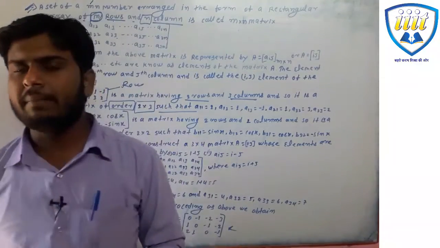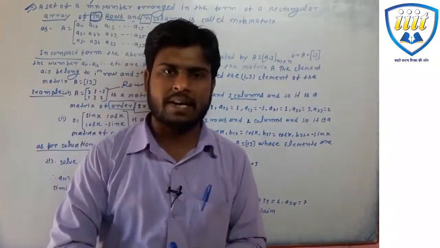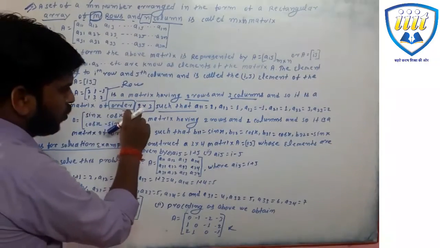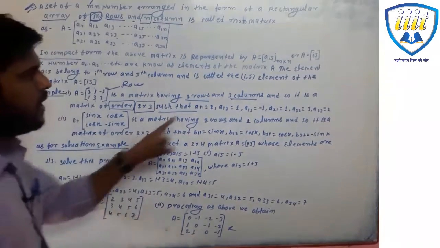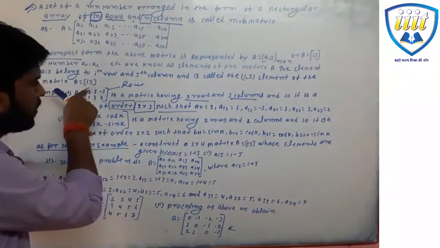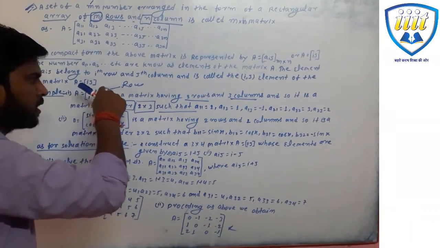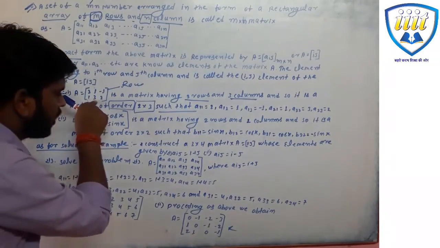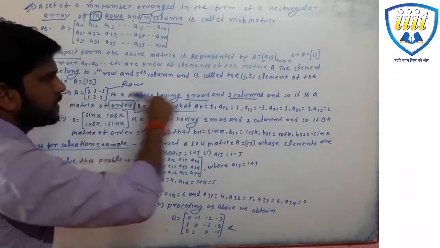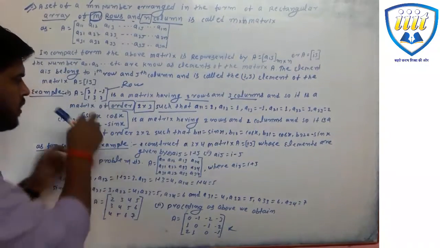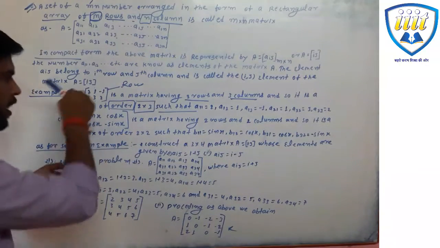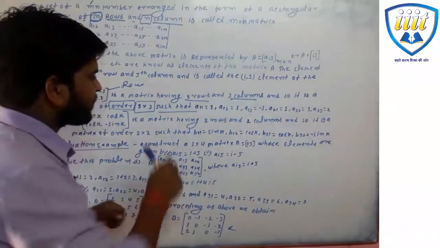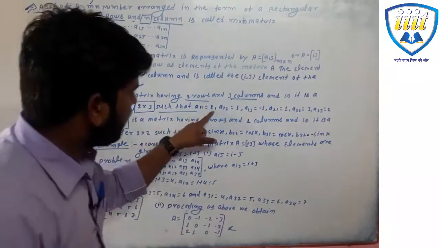For example, mn real numbers come from this matrix, an example matrix of order 2 by 3, such that A11, A12, A13, then A21, A22, A23, then down A31, A41, A51.